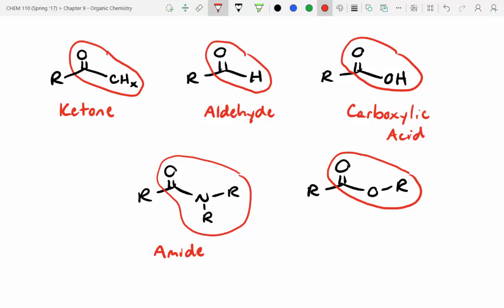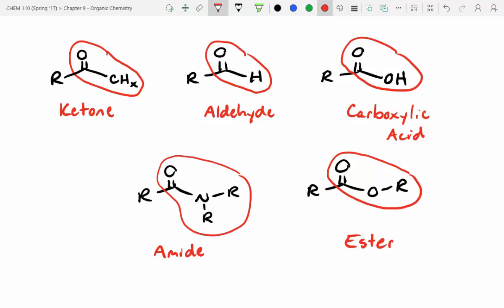This is called an ester. Esters are commonly found in fats. So most fats have some sort of ester linkage in them. Does that make sense? These, in my opinion, are the trickiest ones to learn. These are the ones where I would sit down with flashcards every night before bed and just flip through them so you become familiar with them.